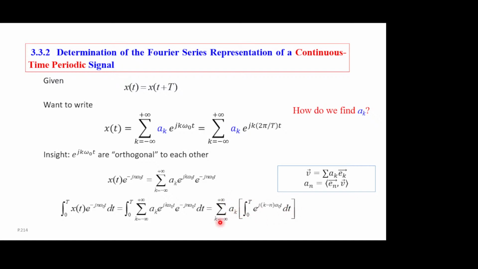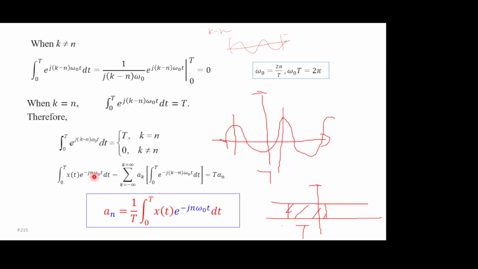And so in this summation, you don't need to sum them because you are multiplying something that's 0 except when k equals n. So you can just put n here, so you have an. And when k equals n, this is big T. So this is big T an.